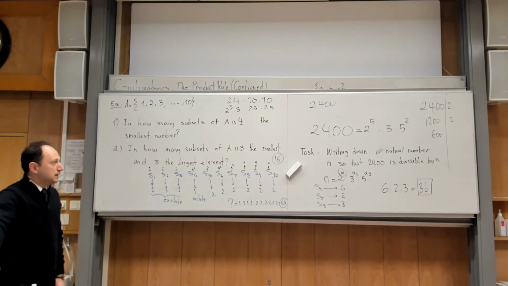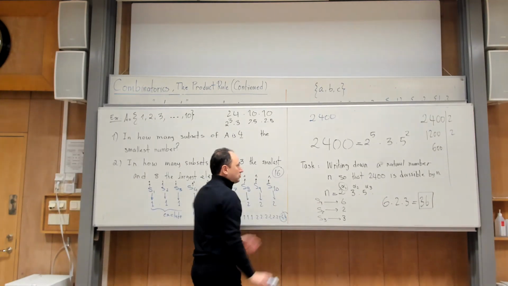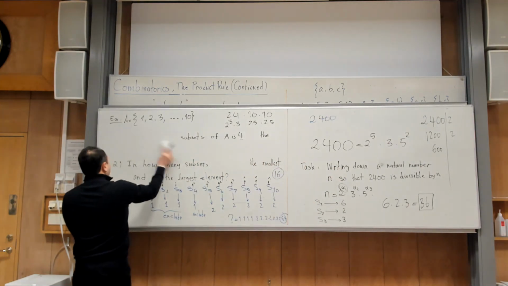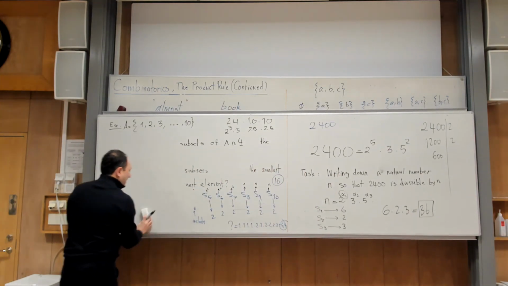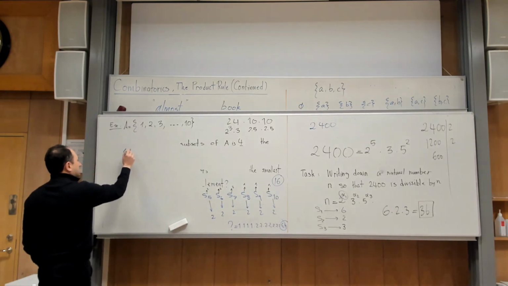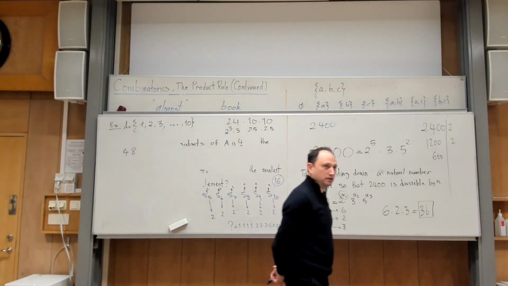Okay? Now, can you cook up a recipe for me? For example, if I change my mind and I give you this number, 48. By the way, how many positive divisors are there for 48?